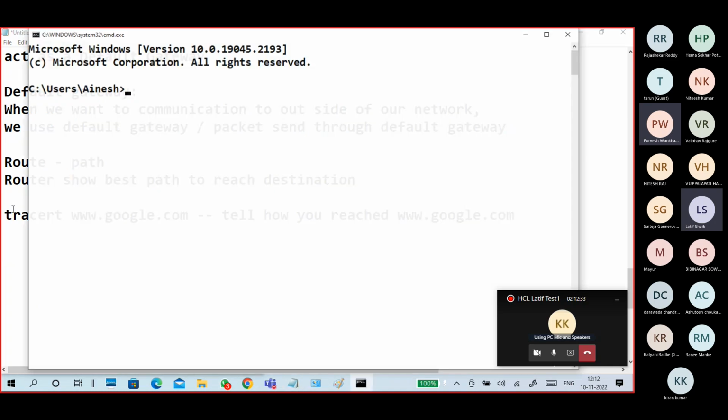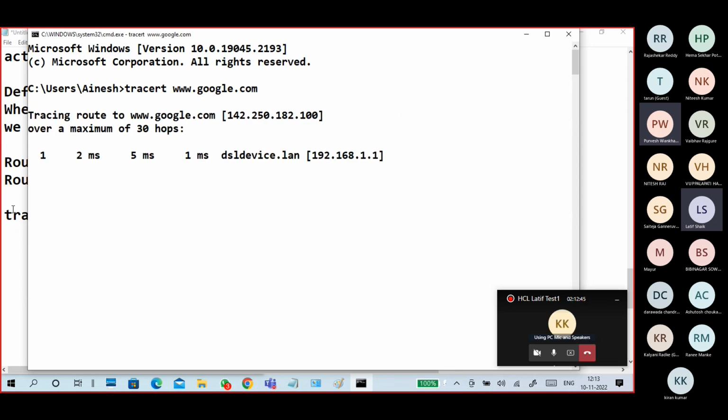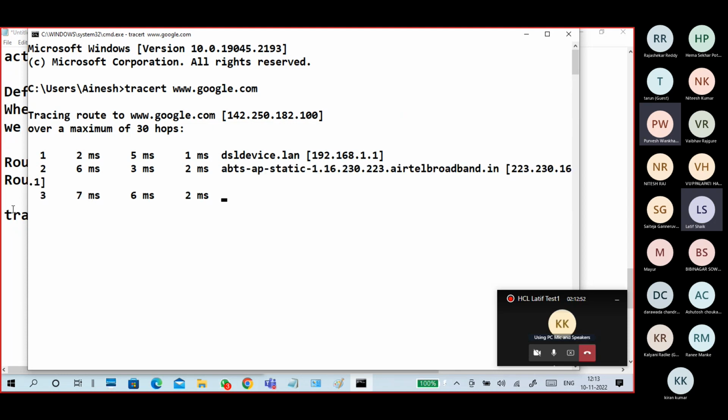Normally, this is a revision class. We should not show you that, but we are telling. So this is google.com. I want to reach google.com from my laptop, right? First of all, it will go to this IP address, I got it, google.com IP address. First, I have to go to my router. From my router to my ISP.